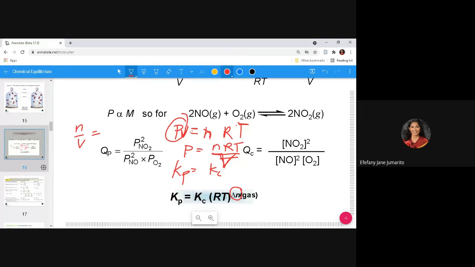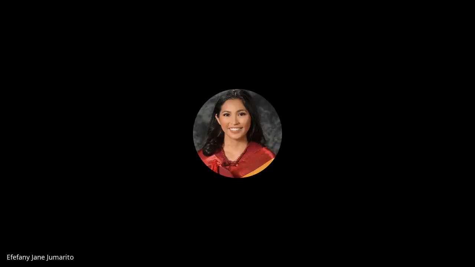What, class? When we have this formula, PV equals nRT, so n over V is equal to P over RT. Concentration, ma'am. Okay, so that is P over RT.